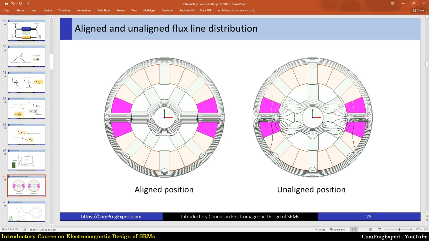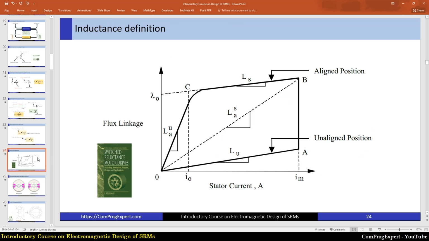For these two extreme situations, we can plot the flux linkage versus the stator current, the level of the excitation current. So this is the flux linkage, the calculated value of the flux linkage when we increase the stator current. And here is the flux linkage curve for the aligned position.